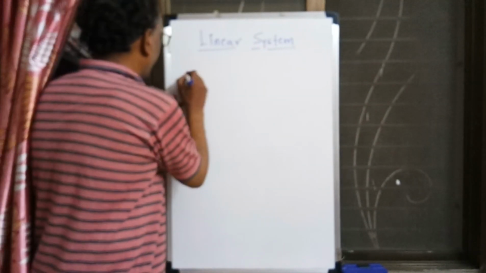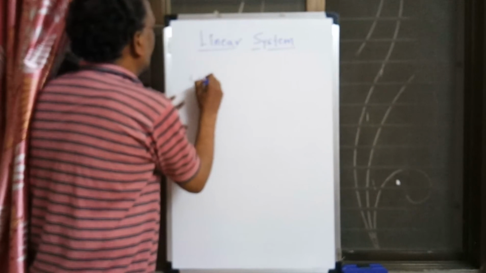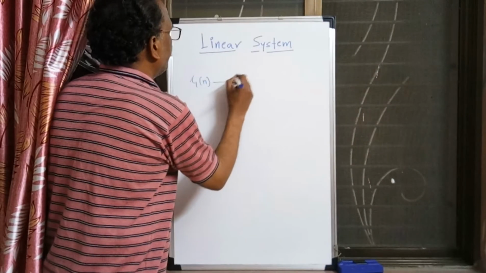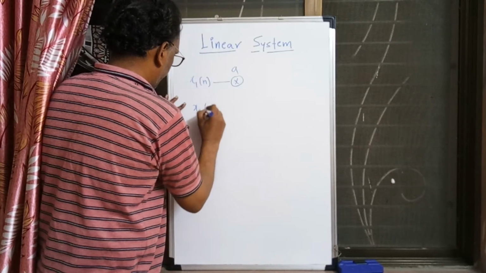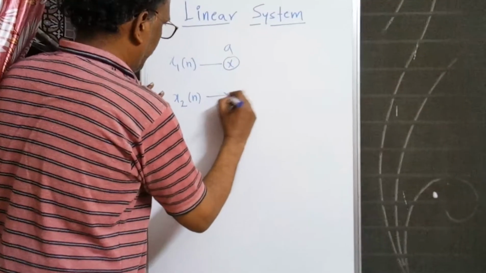Say x1[n] is multiplied by a, x2[n] is multiplied by b.